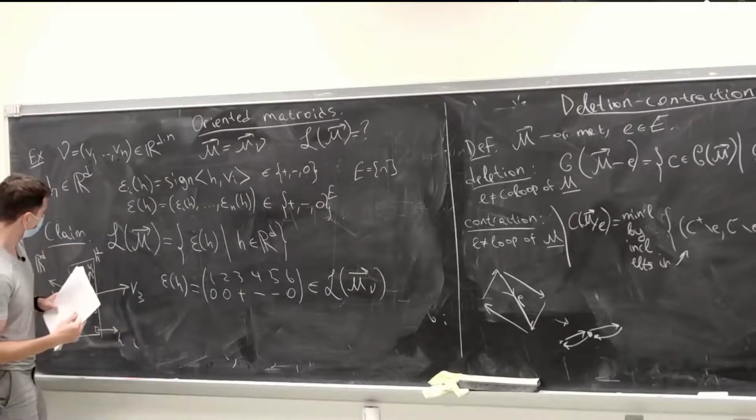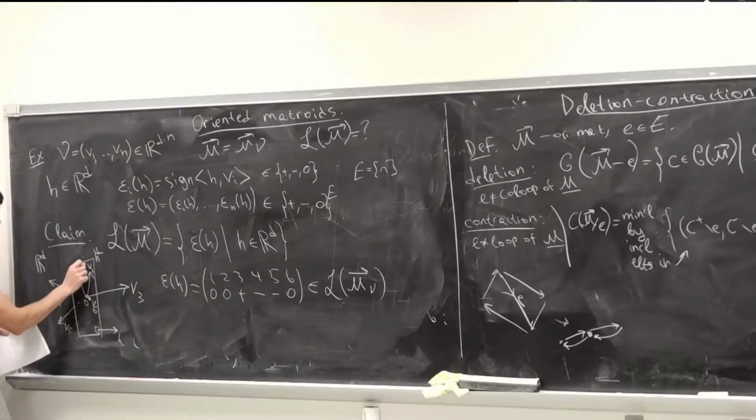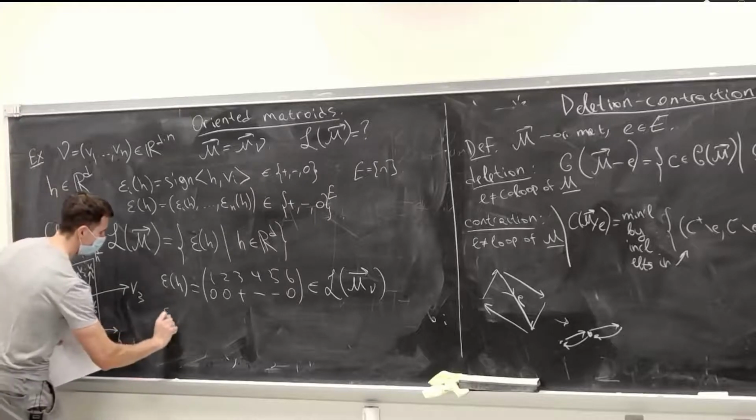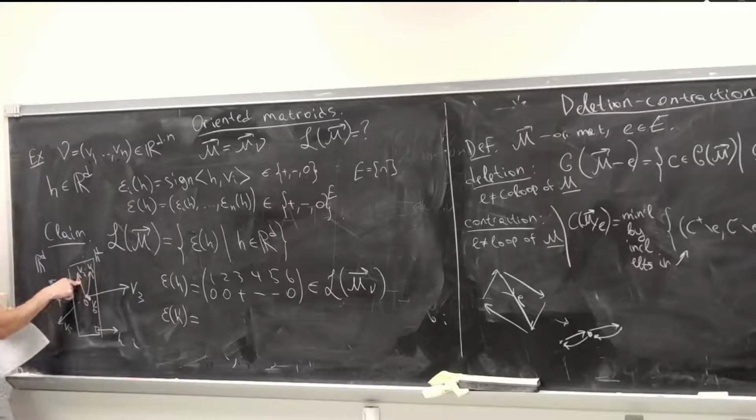One other thing I could do is rotate this hyperplane a little bit around this axis, so I could make v1 on one side and v2 on the other side of the hyperplane. So I would change h a little bit. Maybe that's h prime. Then 1 becomes positive and 2 becomes negative.